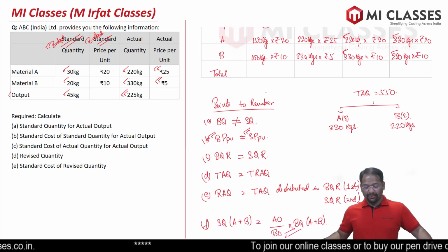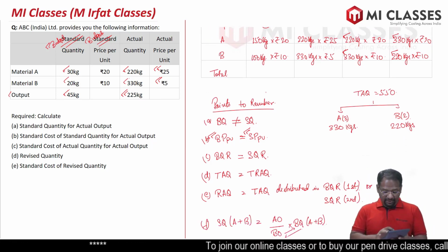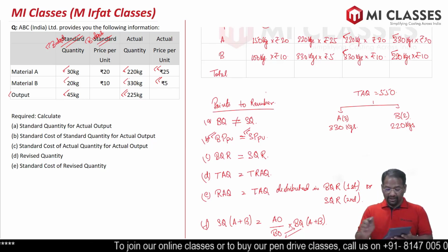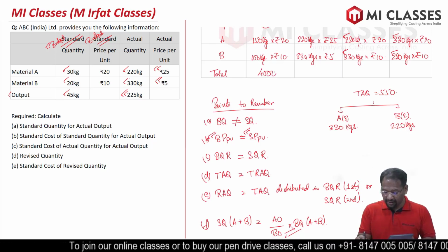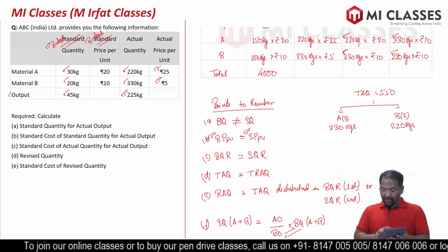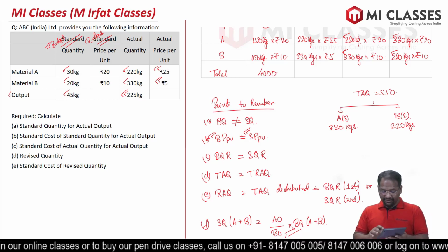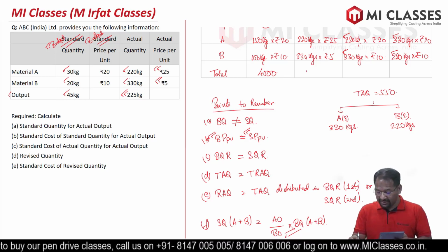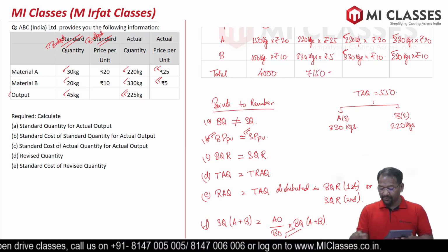Alright, now let's multiply and get these values. 150 multiplied by 20, 100 multiplied by 10, we get 4000. Next one, 220 multiplied by 25, 330 multiplied by 5, we get 7150.